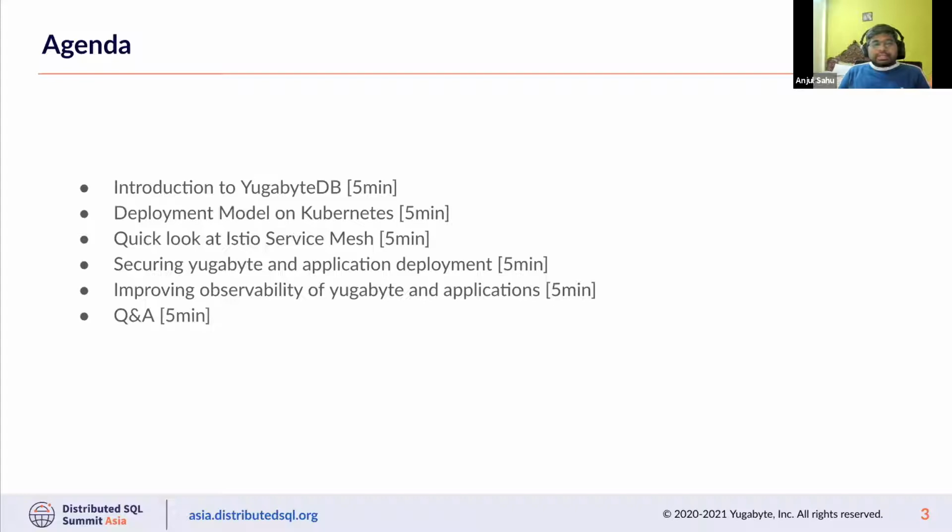And we will also explore how to improve the observability of Yugabyte and applications using Istio Service Mesh. And at the end, we will have some time for question and answers.